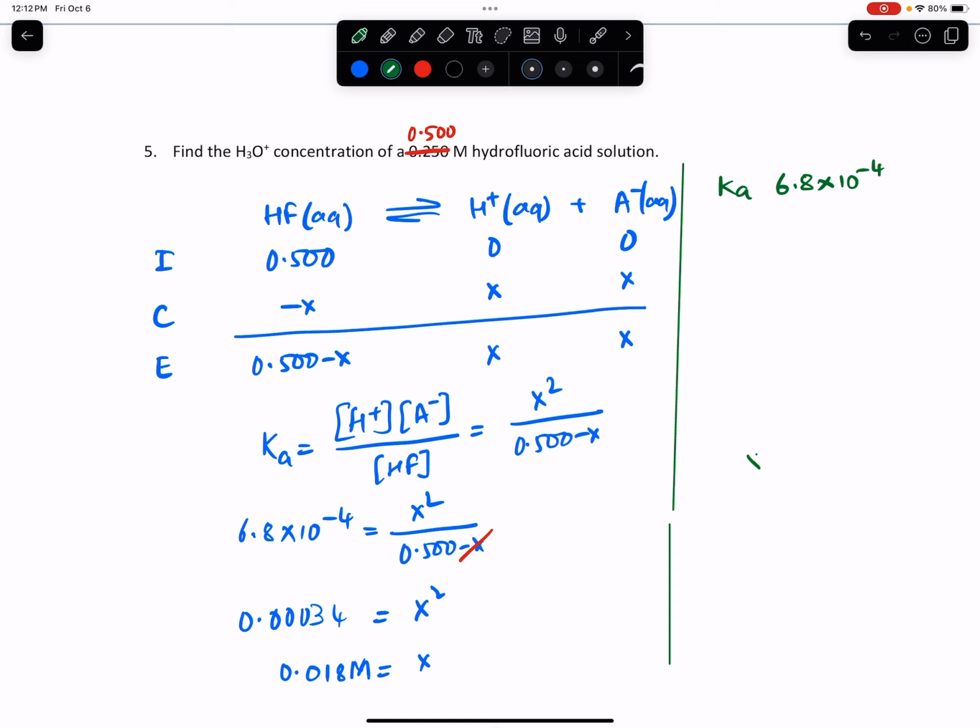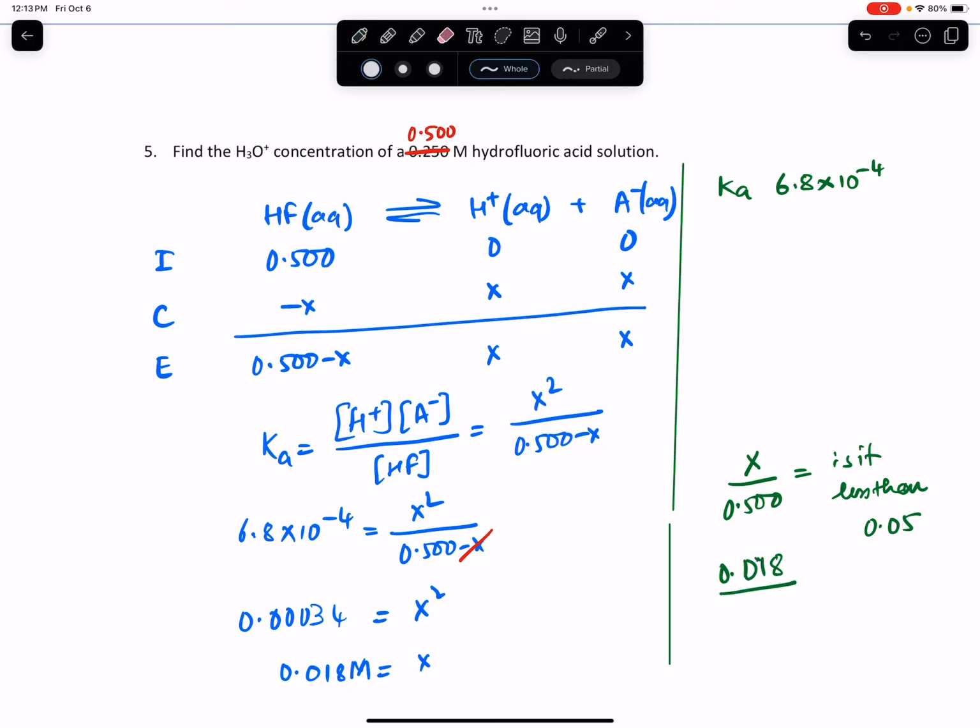So we're testing X over 0.500, and we're going to see if it is less than 0.05.